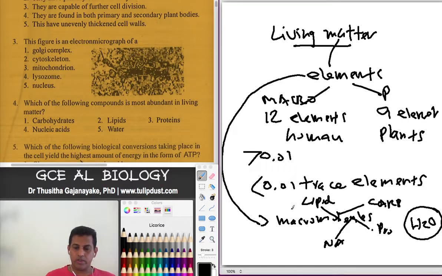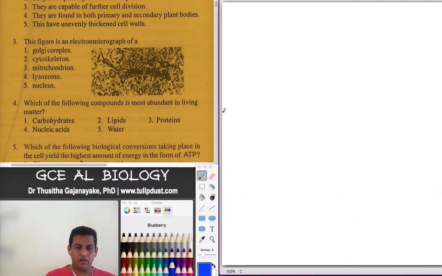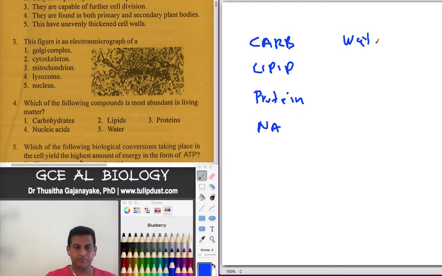Now we're going to look into detail at this one. Let's say carbohydrate, lipid, proteins, nucleic acid, water. So what is 70%?